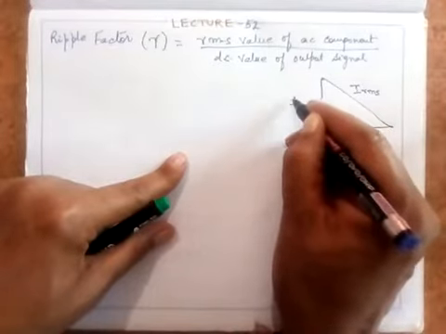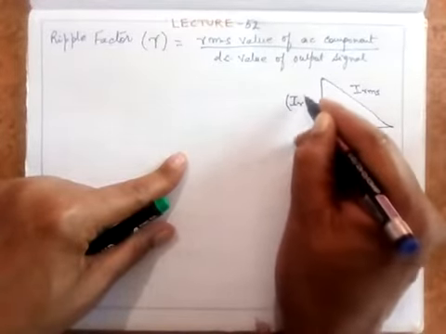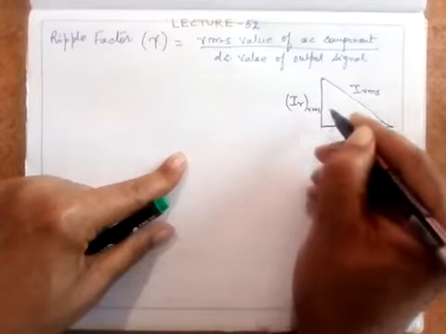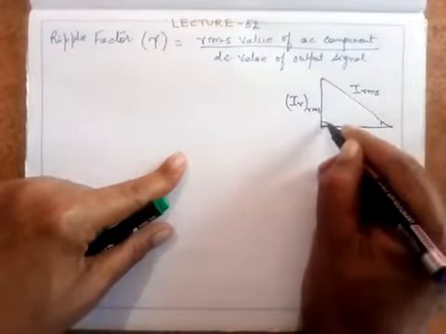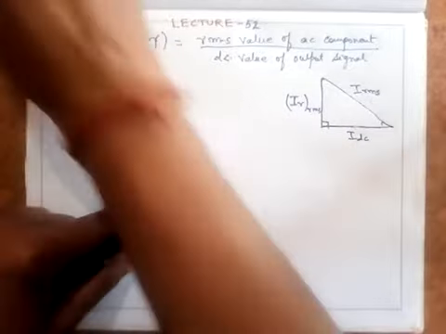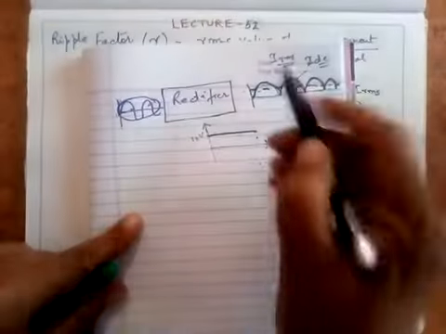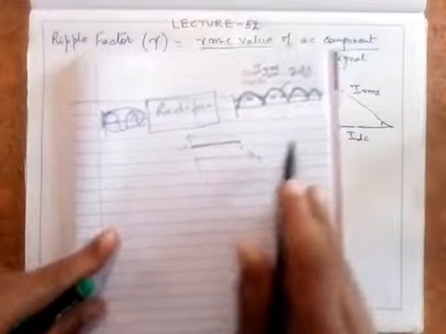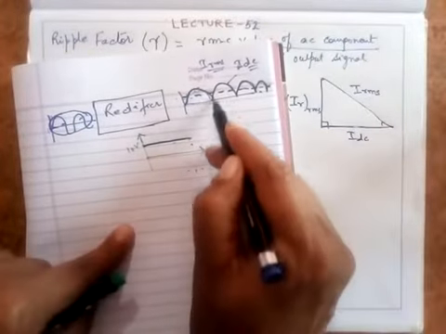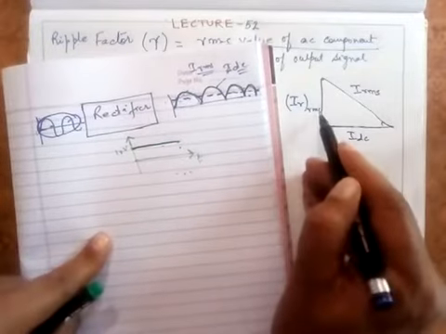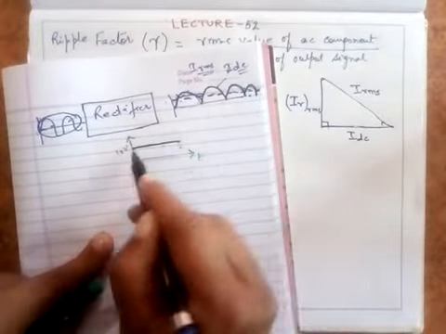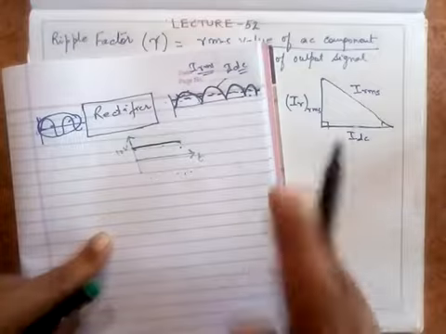I name it I_R, meaning ripples, and I_DC, assuming this angle is theta and this is 90 degrees. So the RMS value of this signal is the sum of the RMS value of the ripples which are present and the DC value. I hope this is clear.